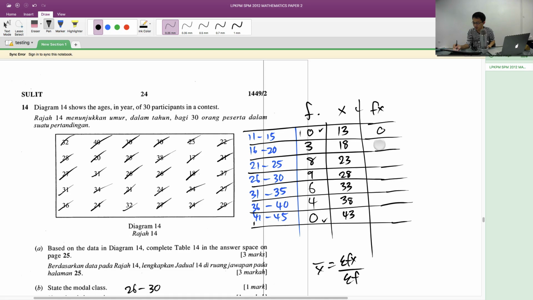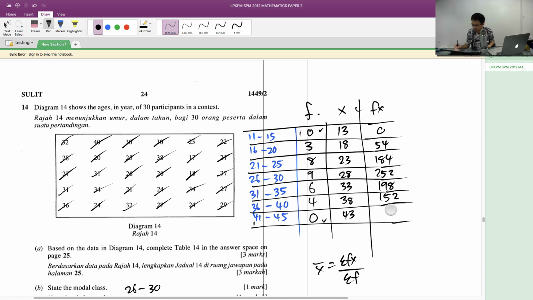This is 0, just ignore it. So 18 multiply 3 is 54. 23 multiply 8 is 184. 9 multiply 28 is 252. 33 multiply 6 is 198. 38 multiply 4 is 152.